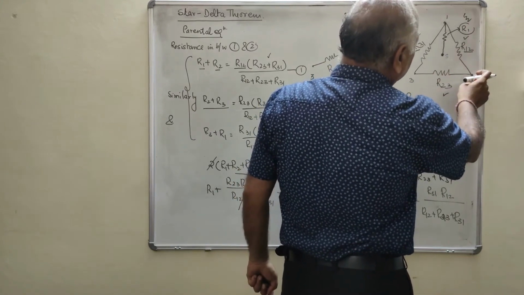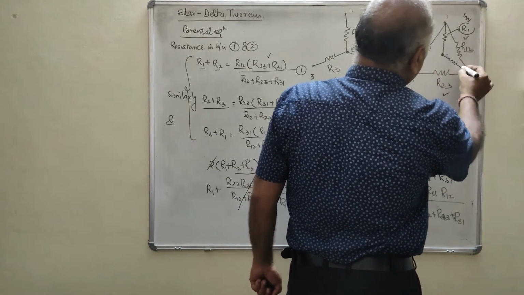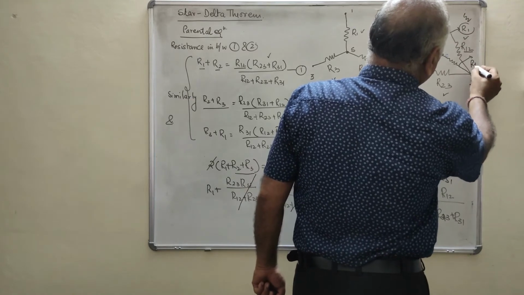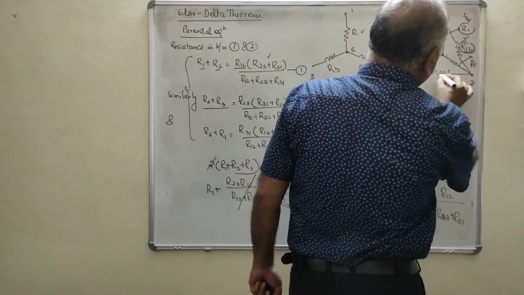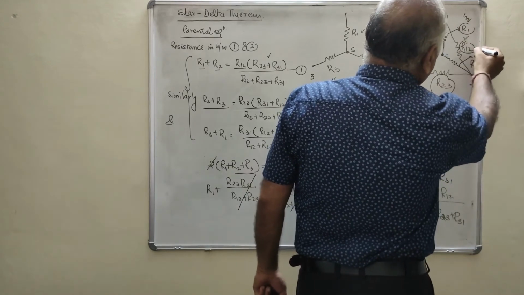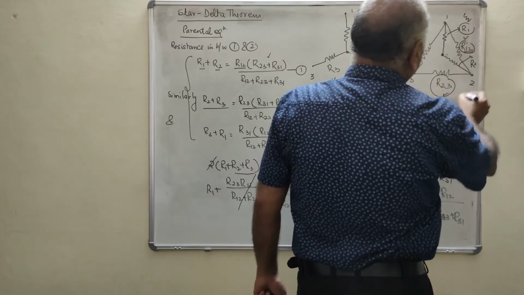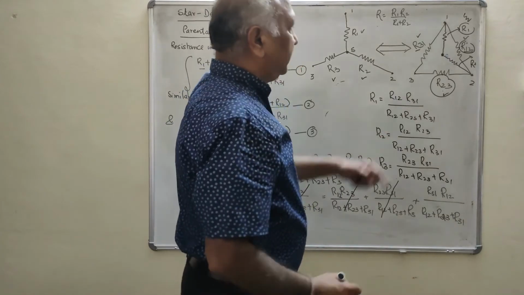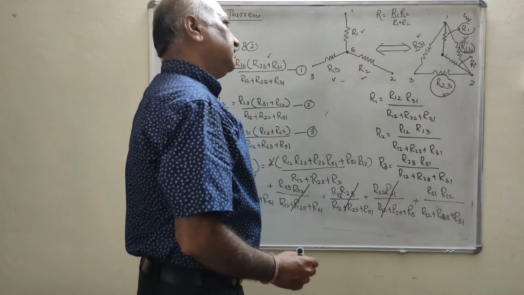Clear? Similarly, if we have to find the value of R2, at 2 you will see R12 and R23 are joining, then it will be the product of R12 and R23 upon the sum of the 3 resistances, R12 into R23 upon R12 plus R23 plus R31.